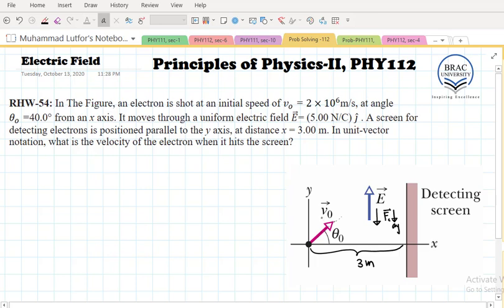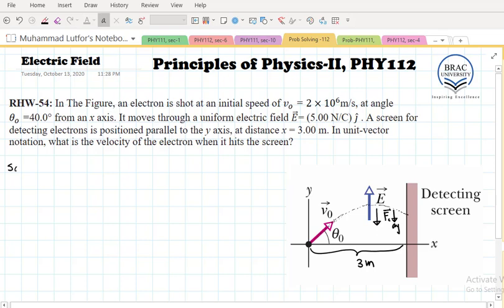Since the electron initially has some velocity, it will move in that direction, but it will be decelerated because the force on the electron is downward. So it will create a trajectory and strike the screen. Since the acceleration is vertically downward, there will be no acceleration in the horizontal direction. It is analogous to projectile motion. Basically, this is a projectile motion.